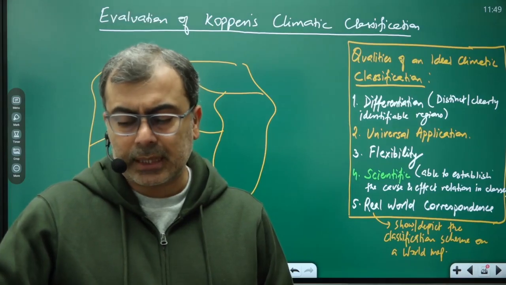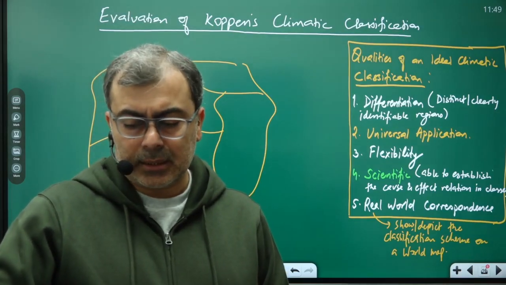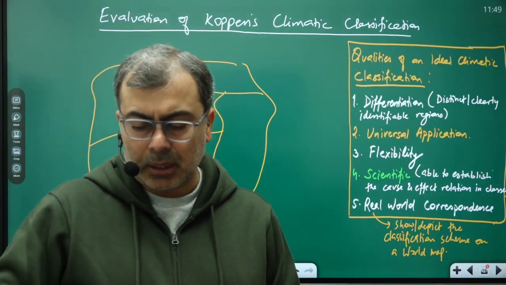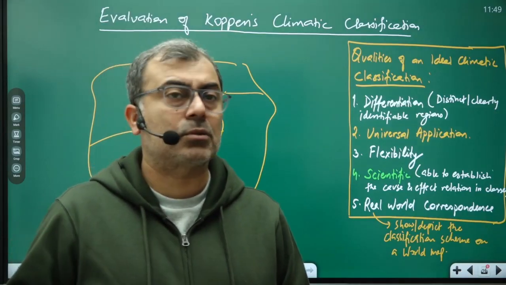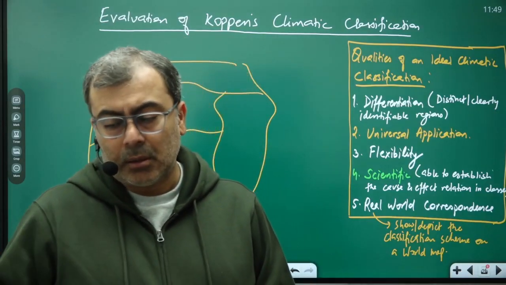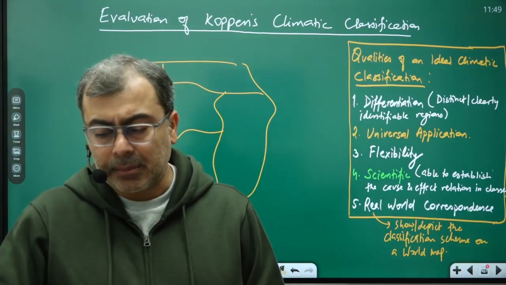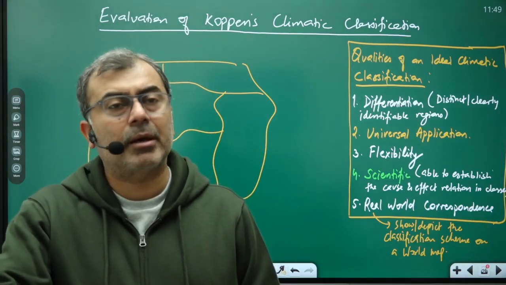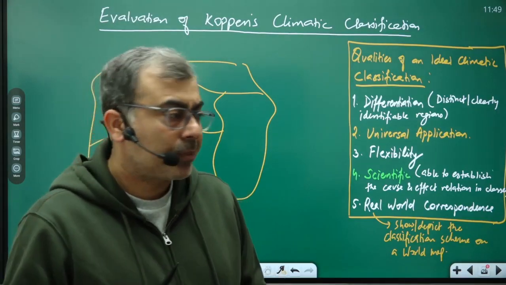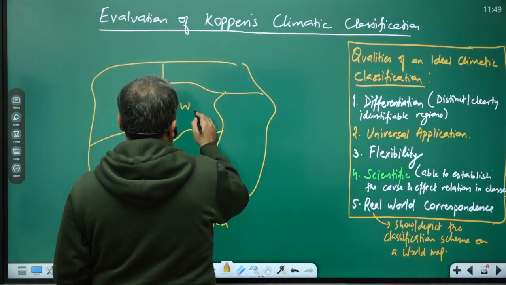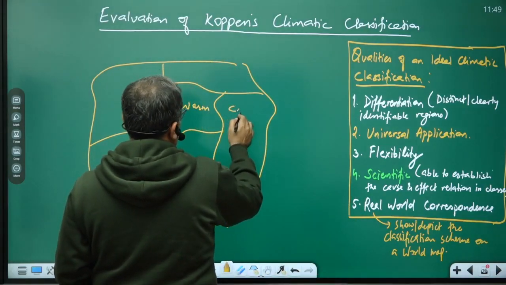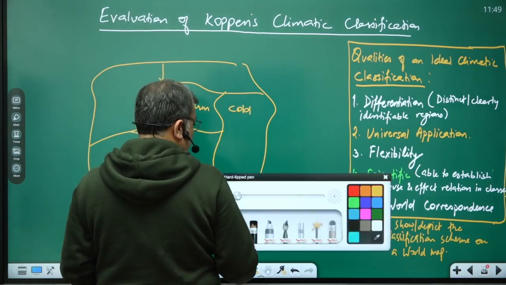So did you understand this point? So first, what did he do? He is able to show us those regions. That's one. But now the critics are saying that climatic regions cannot be demarcated by boundaries. You tell me, is it really possible that warm ends and cold begins at a point?